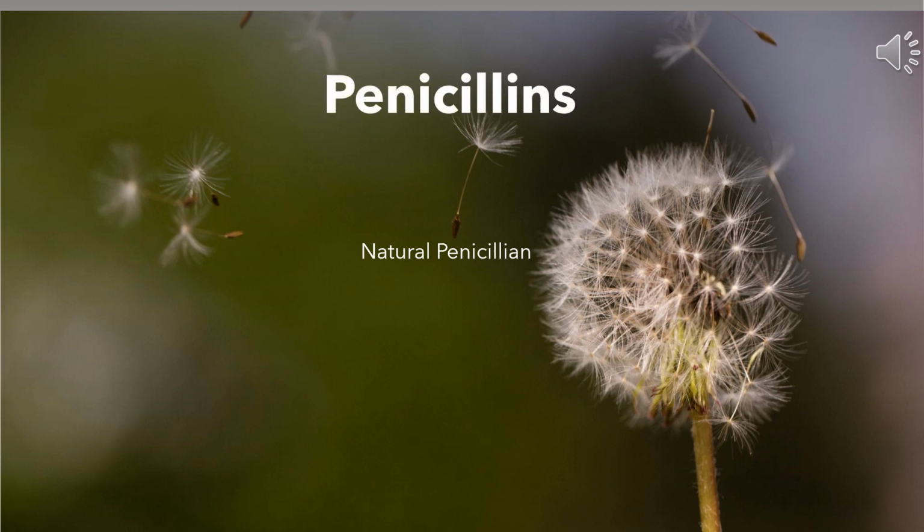I wanted to give a couple examples of penicillins, or go a little bit deeper into penicillins. This is a college course. Natural penicillin is the first one I'm going to start off with. Penicillin is extracted from the penicillium culture, which is basically a fungus. There are two main penicillins that we get.